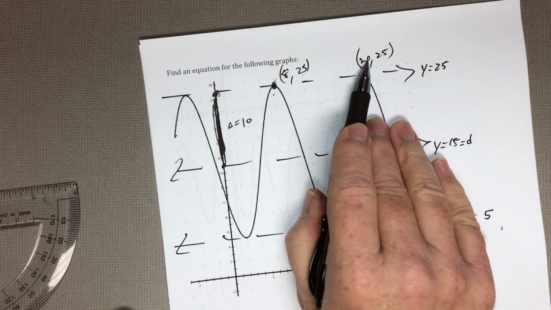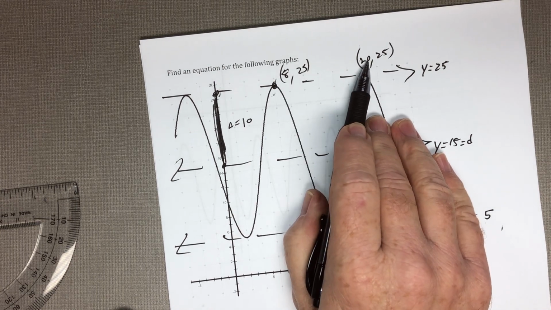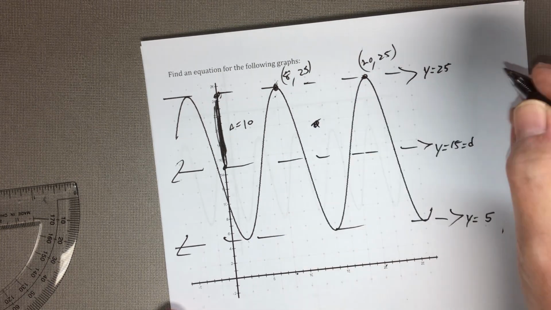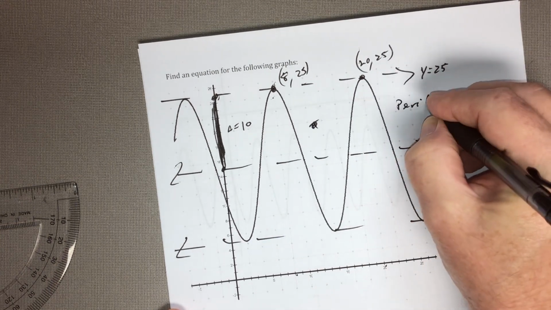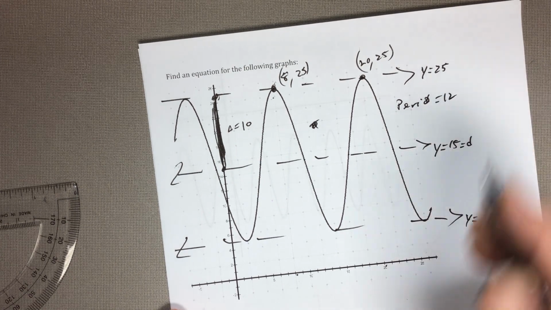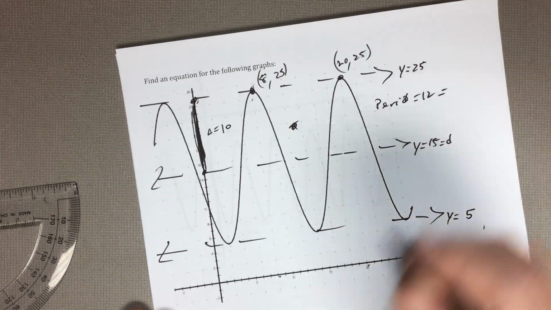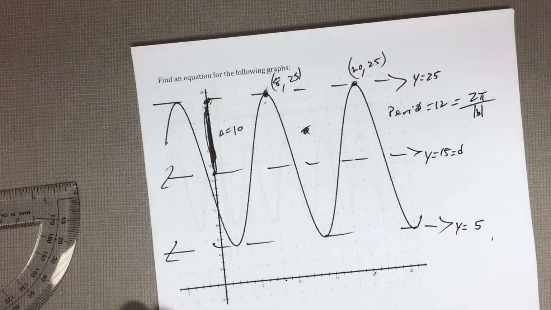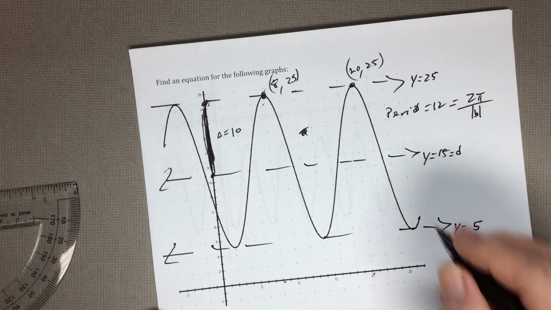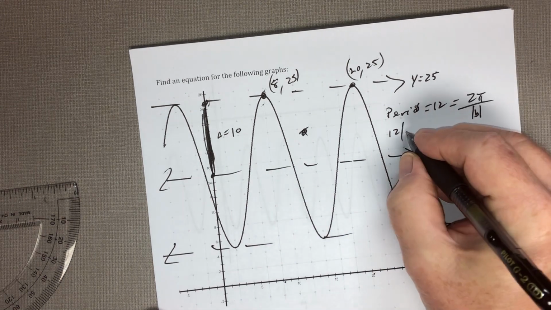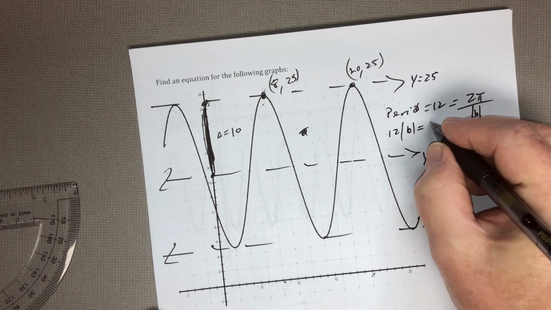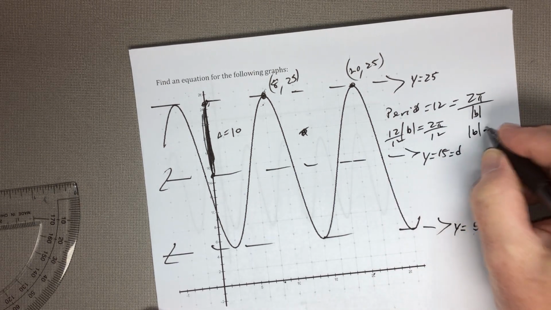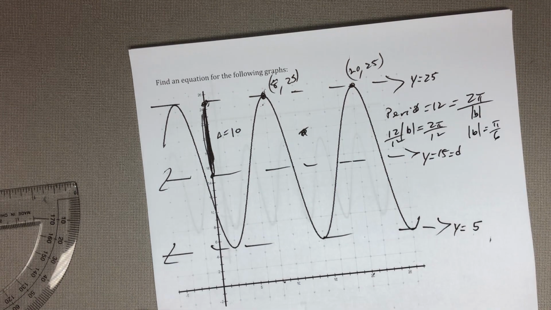The distance from 8 to 20 is 12, so 12 is your period. Now I'm going to find B real quick by setting that equal to 2 pi divided by the absolute value of B. Multiply each side by the absolute value of B, and you get 2 pi divided by 12. The absolute value of B would be equal to pi over 6.